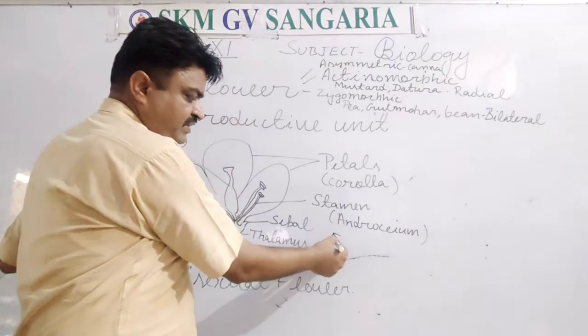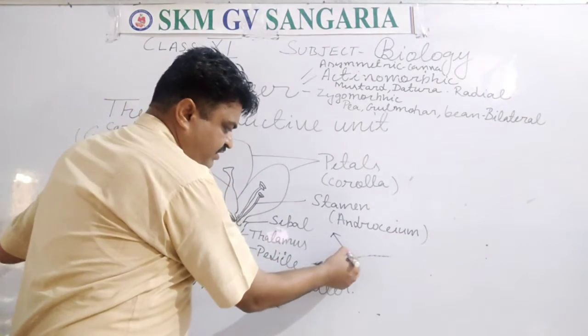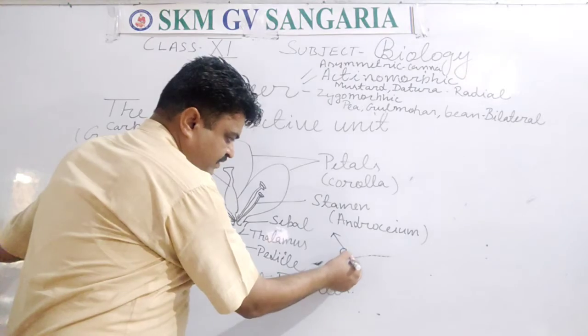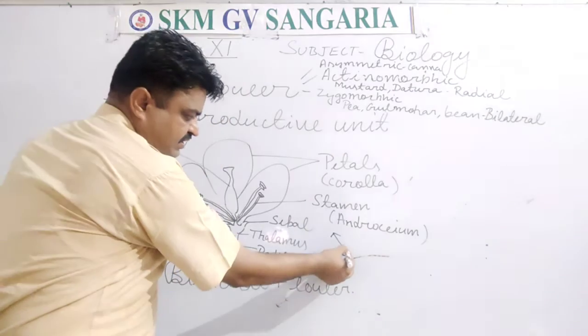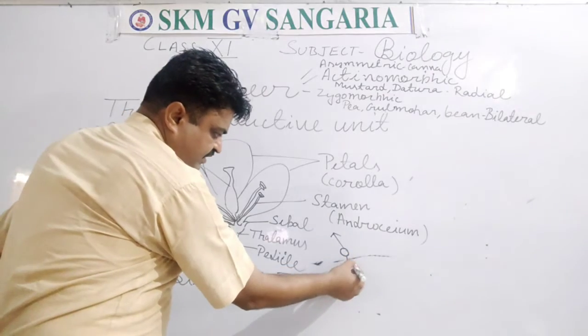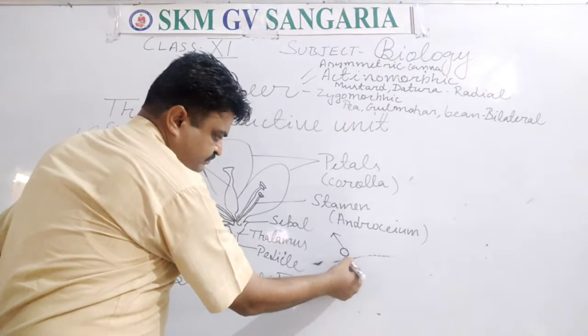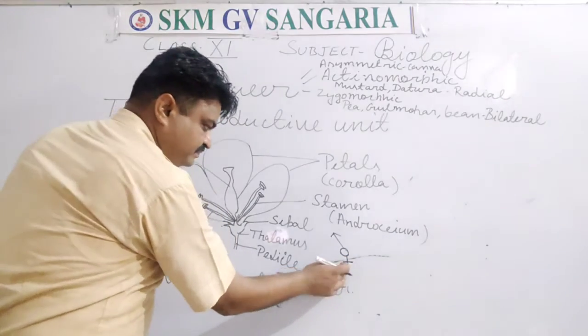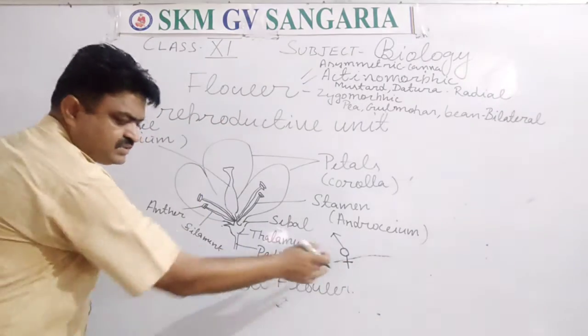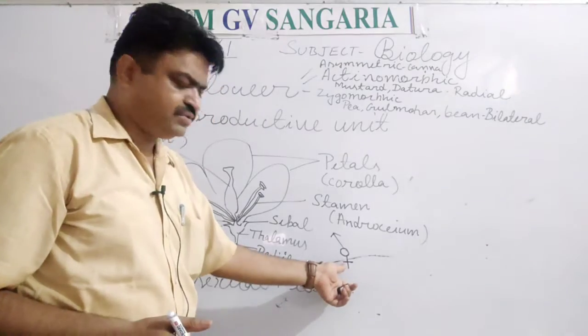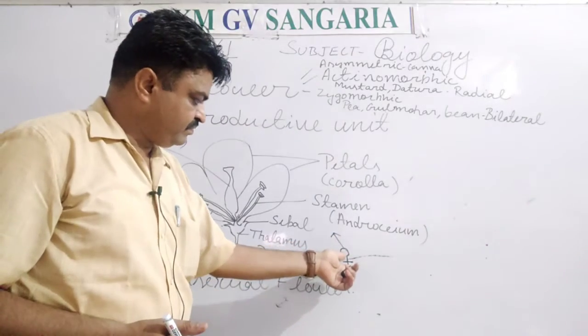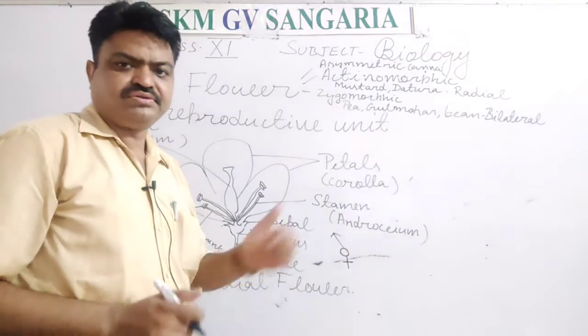First I will draw an upward arrow, and at the lower part I will draw the N circle, and after the N circle I will draw the cross. So it is the symbol of a bisexual flower, student: upward arrow, N circle, and the cross.